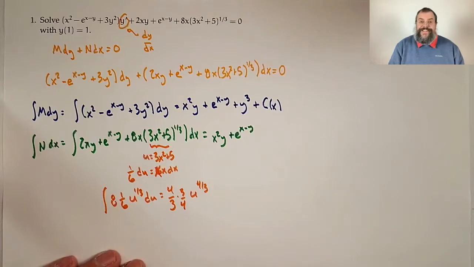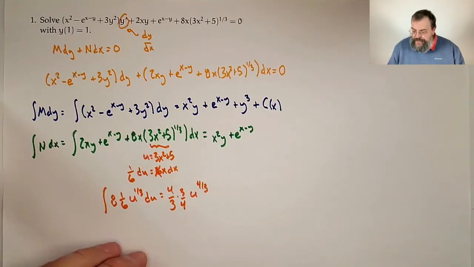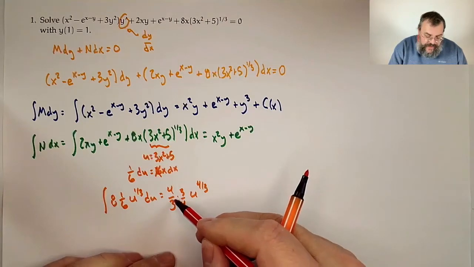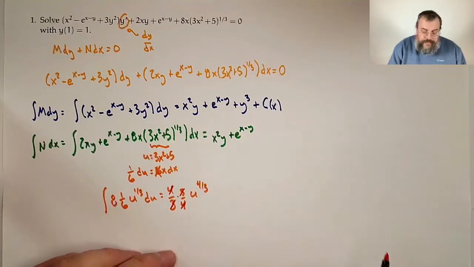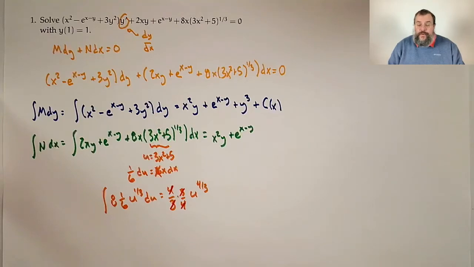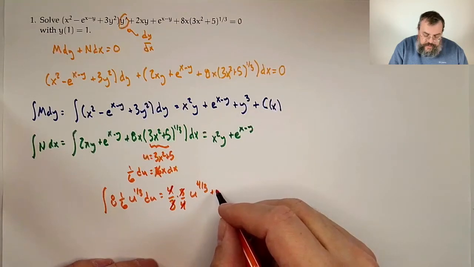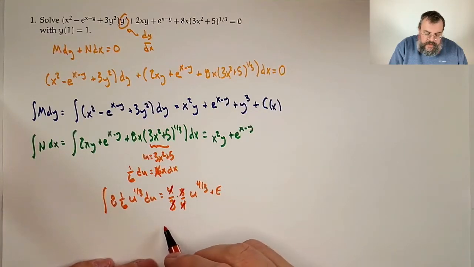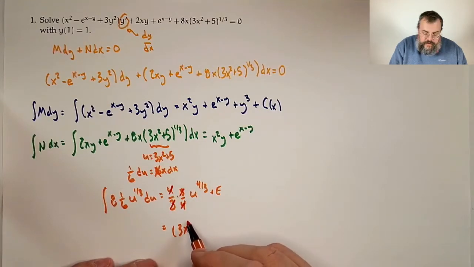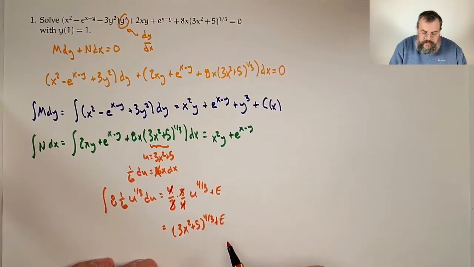And it's like it was meant to happen, like it was planned to happen that things simplify nicely. So we really get u to the 4/3. Now there's a plus c floating around. I'll go ahead and put there's some constant here. But finally, you put back what is u: (3x squared plus 5) to the 4/3 plus some constant.